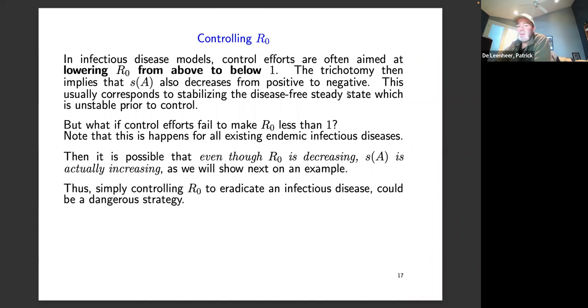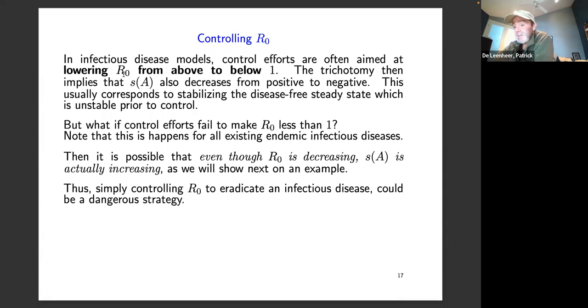Okay, so let's think about control. Here's what we do in infectious disease. When you read about COVID and how we're going to fight this disease, you may occasionally see that we need to lower R0 from above 1 to below 1. The reason behind this is that you have a disease-free steady state, which you would like to be stable, no disease present.